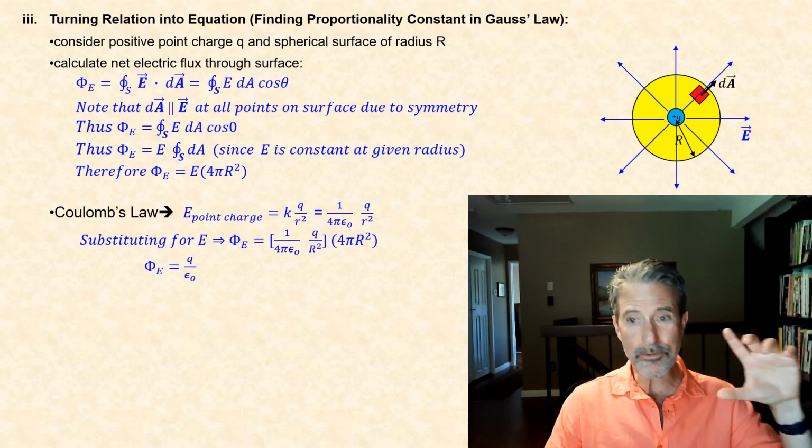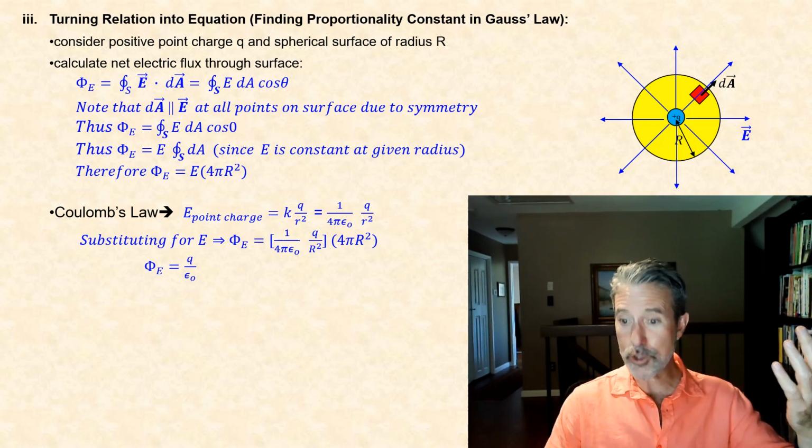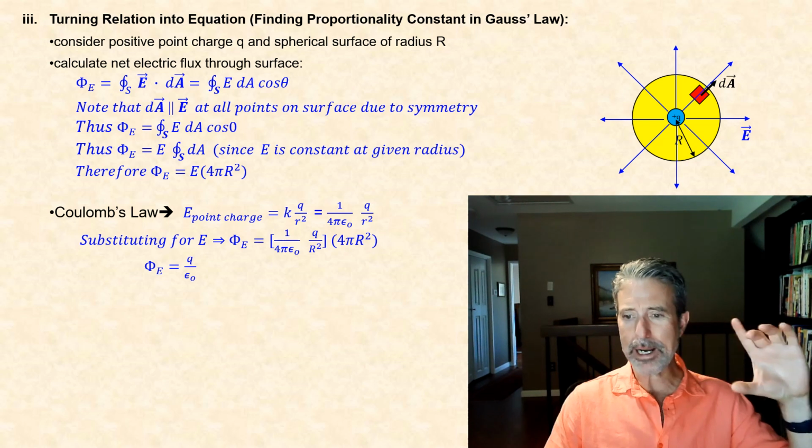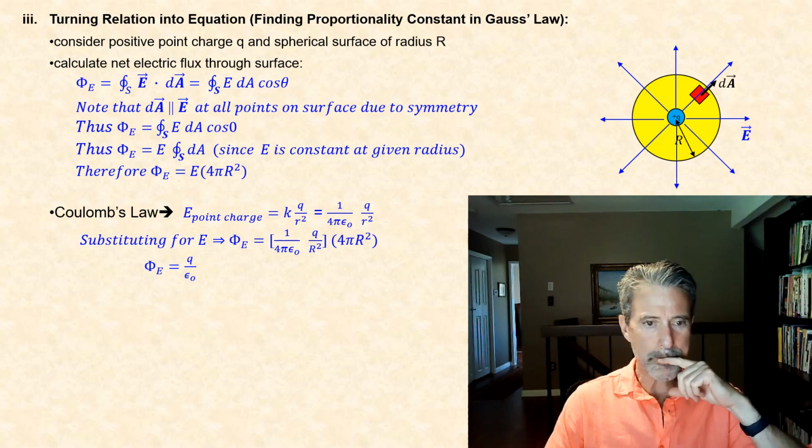So the net electric flux through that chosen Gaussian surface is simply the charge enclosed Q divided by this proportionality, universal constant epsilon naught.